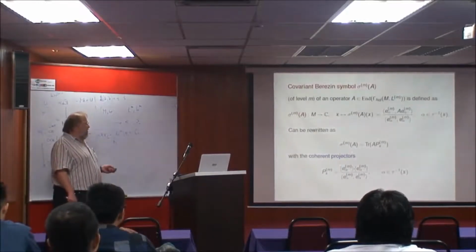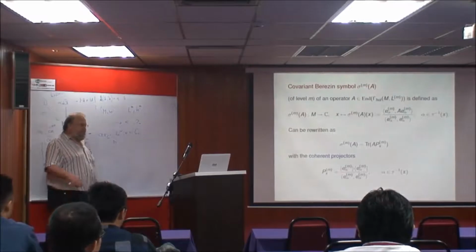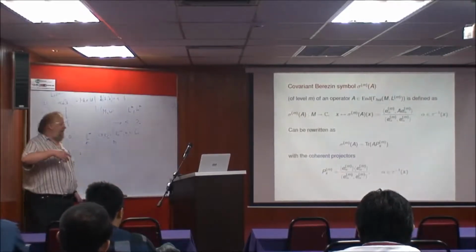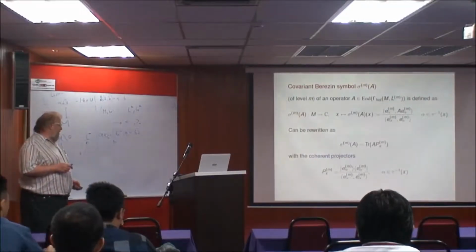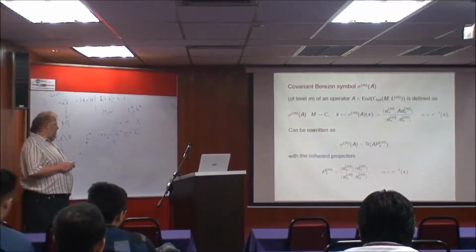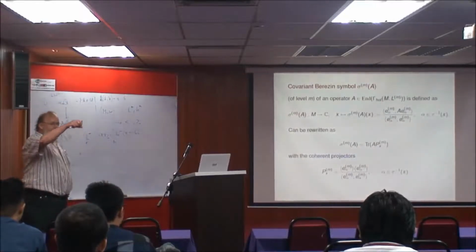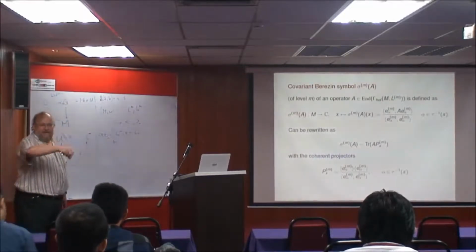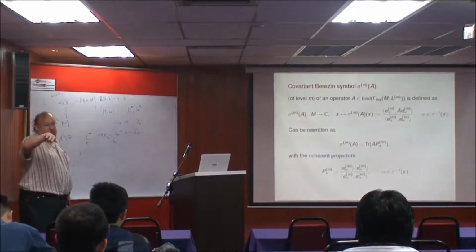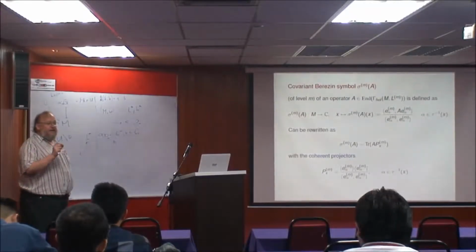In fact, from a more conceptual point of view, we can also formulate it like this. We have the so-called coherent projectors. You see that we have this X and the alpha line above it, so they project things onto the one-dimensional subspace in the section space which is generated by the coherent vector.